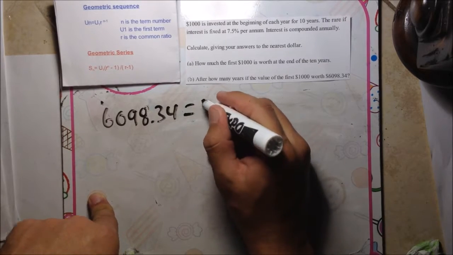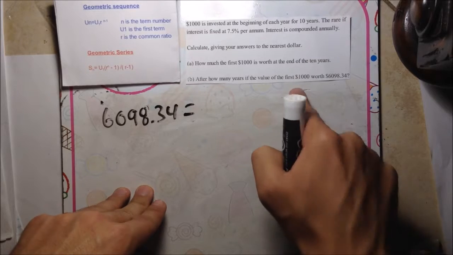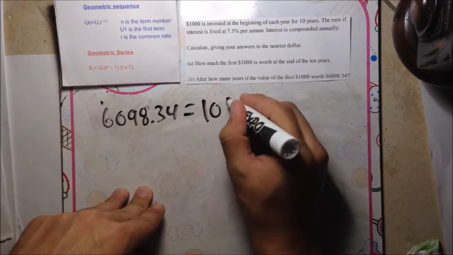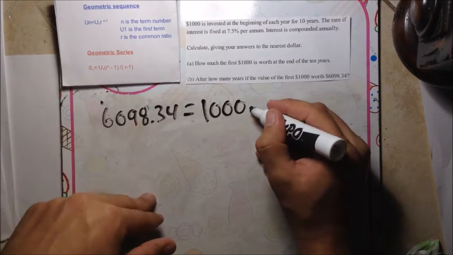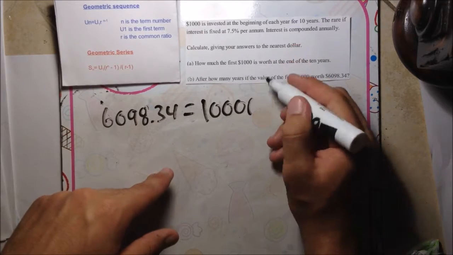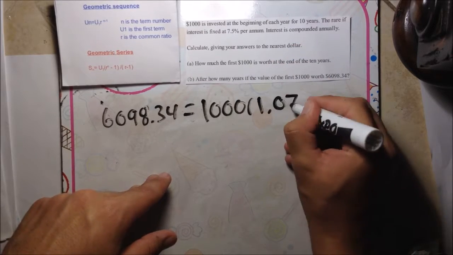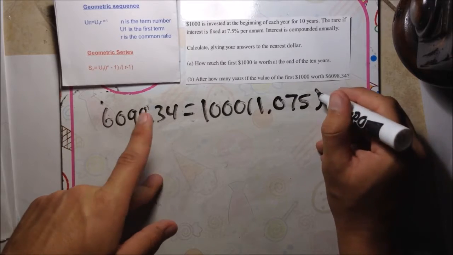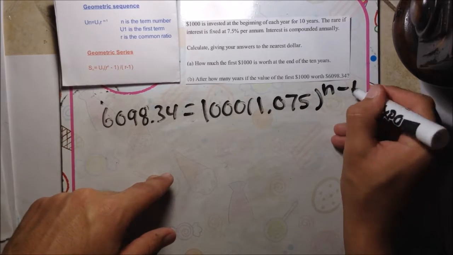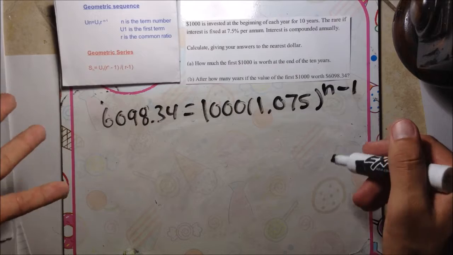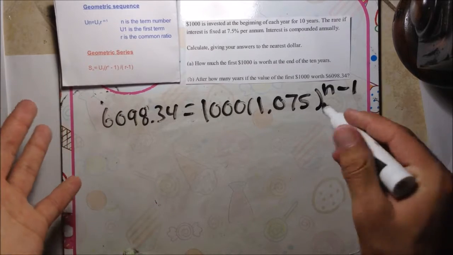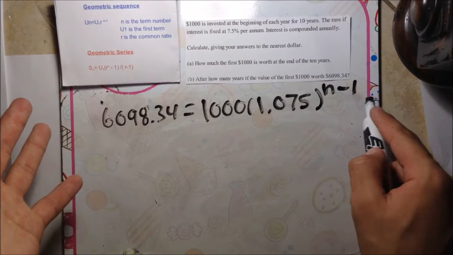equal to u1, which we know is 1,000 as the initial investment, times r, which we know from the previous question is 1.075, to the power of n, which we don't know yet, which is the number of years that have passed since the 1,000 was invested, minus 1.